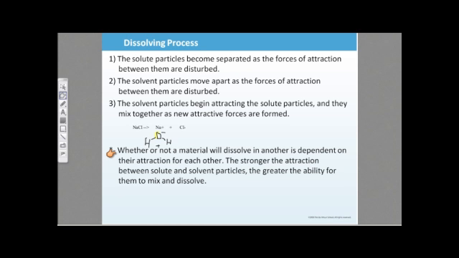If the opposite is true, if the attraction within the solute particle is stronger than the attraction between the solute and the solvent, then you're not going to have as successful a dissolving situation. So it's all about attractions between those different particles as far as how well something does or does not dissolve.